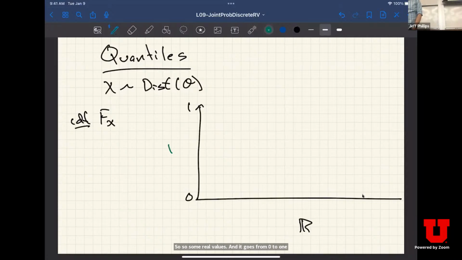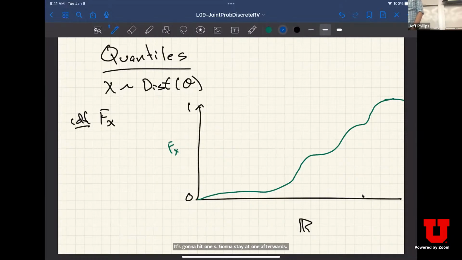This will be F of x, and it's monotonically non-decreasing. At some point it's going to hit 1, and it's going to stay at 1 afterwards.